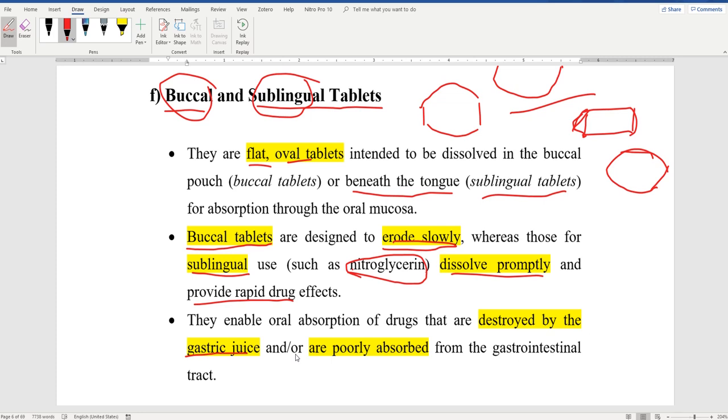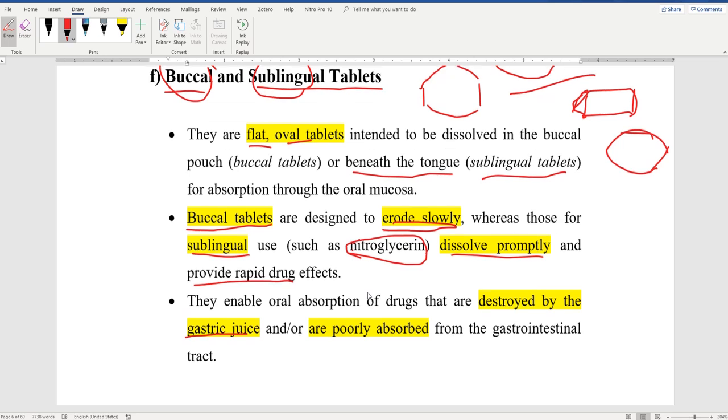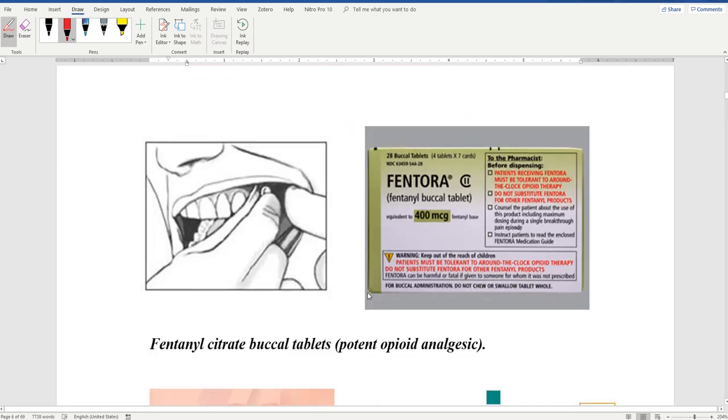So if the liver will remove most of the drug, then the drug will not be effective orally. So what do I do to bypass the liver? I can administer it as buccal or sublingual tablet. In this case, the drug goes directly into the systemic circulation. مش systematic, systemic circulation. So these are the benefits.